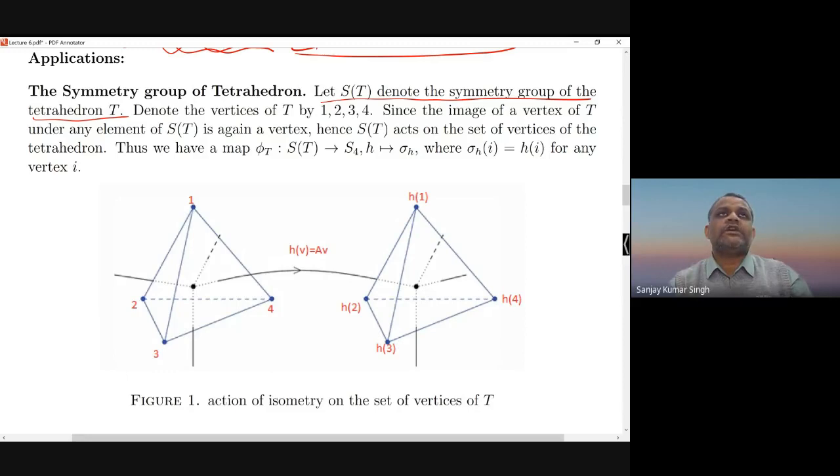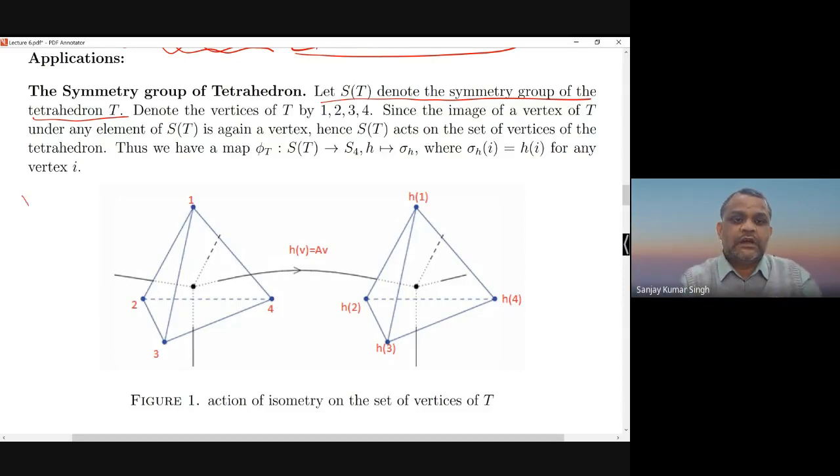If I take 4 equilateral triangles, whatever object I form is a tetrahedron, and it is one of the Platonic solids. Now I will represent this tetrahedron by T, and I will represent its vertices by the set V_T.